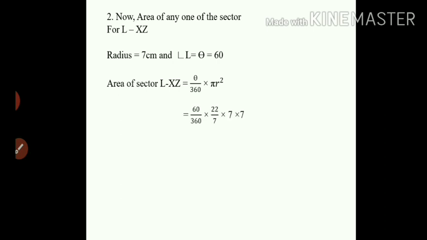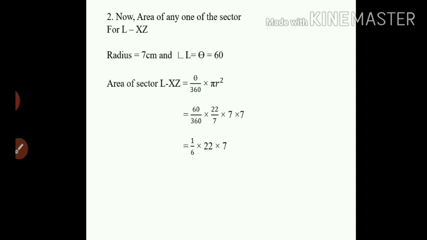So 60 upon 360 into 22 upon 7 multiplied by 7 into 7. I can cancel the 0 and 0 in 60 and 360, so 6 upon 36 is left, and we can cancel 7 and 7. So see what we get, 1 upon 6 multiplied by 22 multiplied by 7.